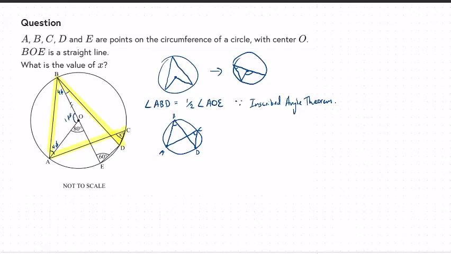So the angle ABD is equal to the angle ACD, which is also x, right? But we don't have that because currently it's 40 plus something.